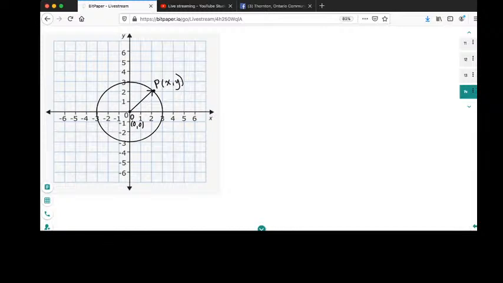First of all, I want to show you guys something interesting. Any point on the circle can be represented by the ordered pair that I've drawn here, point X, Y. The distance from P to the center, which is 0, 0, right at the middle, is the radius. And we use the distance formula that we just learned to get the following result. Our distance formula is the square root of x2 minus x1 squared plus y2 minus y1 squared.